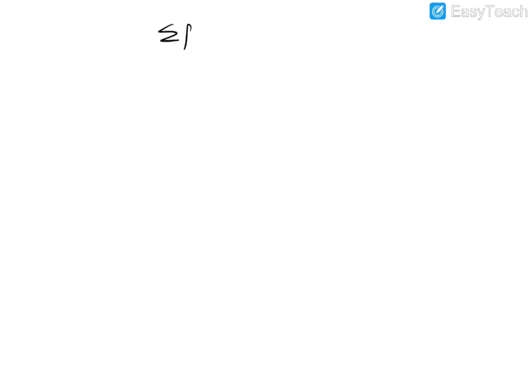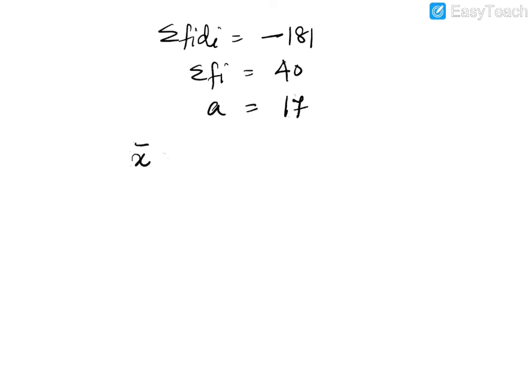So now we have summation fi di equal to minus 181, summation fi is 40 and the value of A that we have assumed is 17. So mean, which is equal to x bar, is given by A plus summation fi di divided by summation fi.